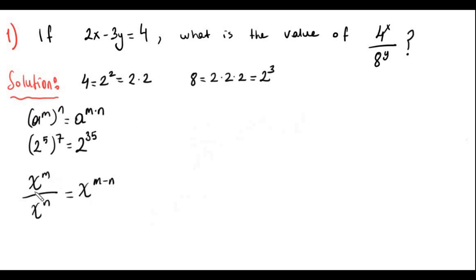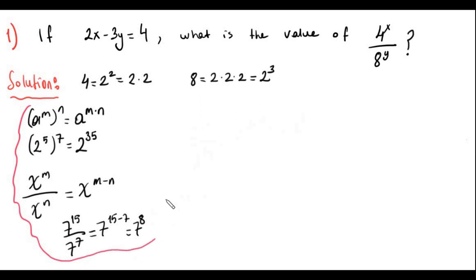So for example, 7 to the power of 15 over 7 to the power of 7 is equal to 7 to the power of 15 minus 7, which is 7 to the power of 8. So these are some facts that we are going to use to solve this example.